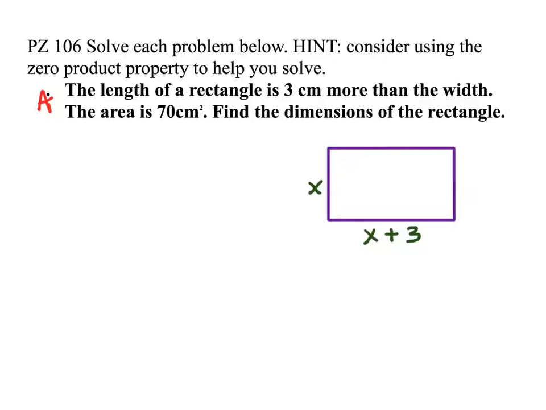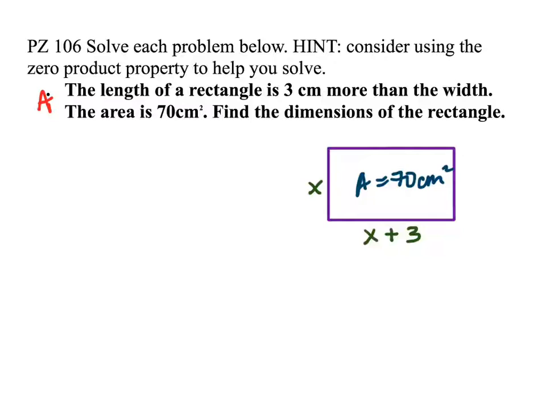And I'm going to add it as x plus 3. Again, that's my length because it's the longest side. So now I know the area of this guy, the inner area, is actually 70 centimeters squared.